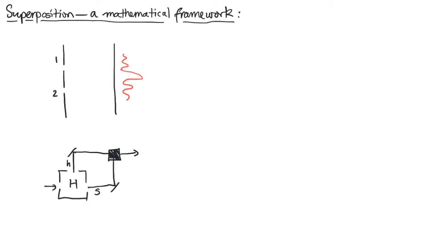Because the last thing I want is for you to walk away from this course thinking that in quantum mechanics, physicists are waving their hands and saying superposition without having a clear picture of what that is. In fact, there's a very clear and well-defined mathematical understanding and definition for what it means for a particle or a quanton to be in a superposition state. And the exciting thing is today we get to see and use that framework.